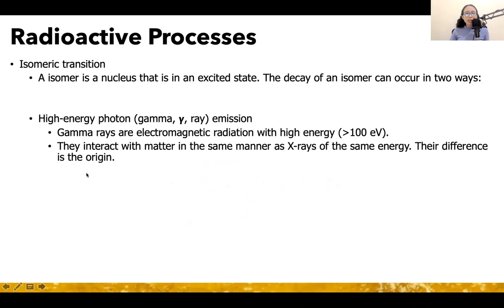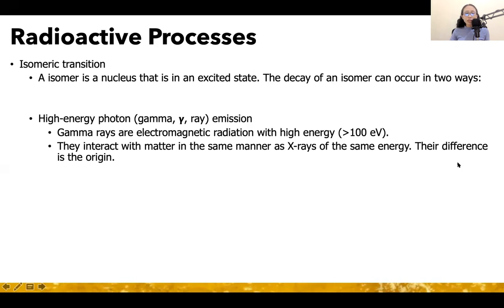So the difference is the origin. So your gamma rays come from your isomers, right? Meanwhile, your X-rays come from electronic transitions in an atom.